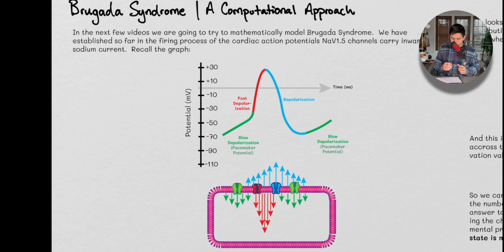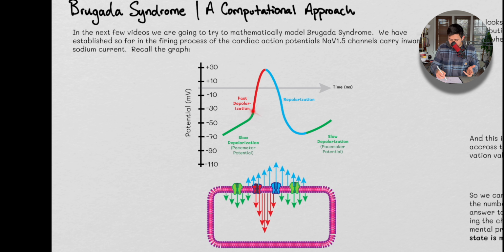So let's recall the graph that we had talked about in our first video, where we had sodium slowly leaking into the cell. These things are called funny channels, by the way. They have this weird property of becoming activated when the cell is hyperpolarized. So this is a leaky system, leaking more and more sodium into the cell.